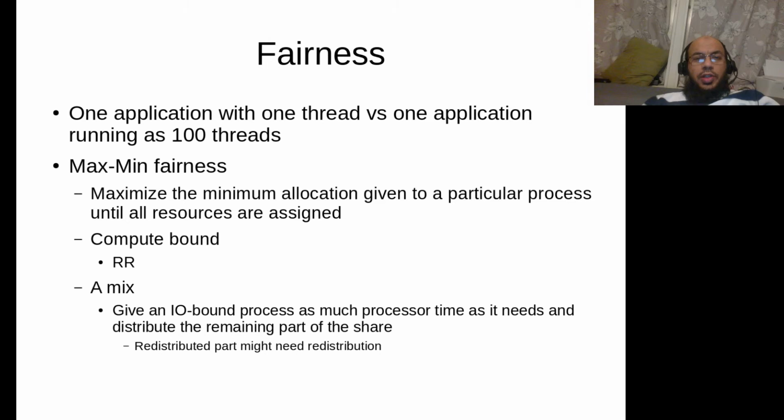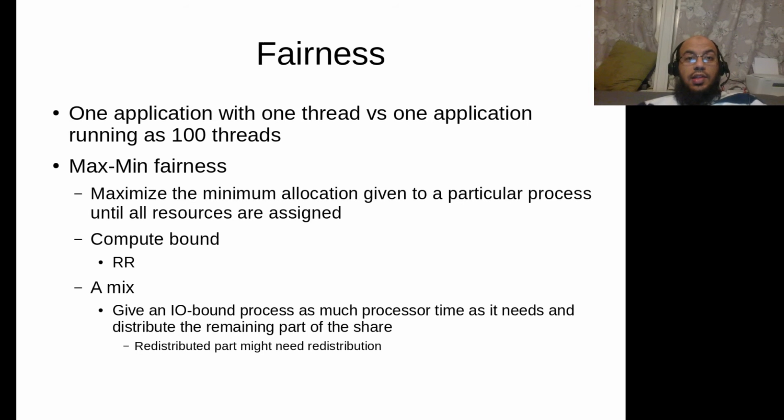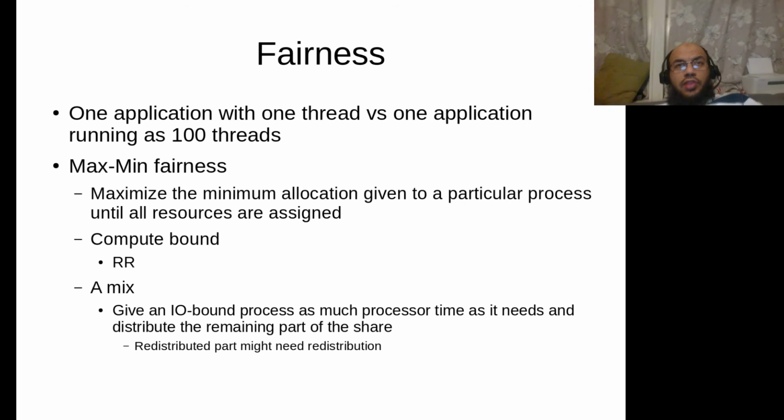And in operating systems and in a lot of other systems, fairness is imposed using max-min fairness. Max-min fairness is a nice concept that says you try to maximize the minimum allocation given to a particular process until all resources are assigned. I.e., if you have a process that has not taken enough CPU time, you would assign it CPU time until it has used an equal amount of CPU time to any other process, without looking at its turn. That would also apply for I/O bounded applications.